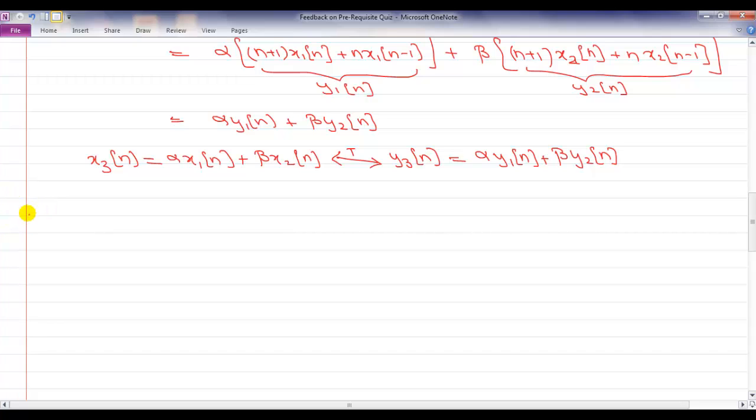The third part of this question asked us to say whether T is a time invariant system or not. So I'll again write the input-output relationship because that is all that we have to work with in determining whether this is a time invariant system or not.